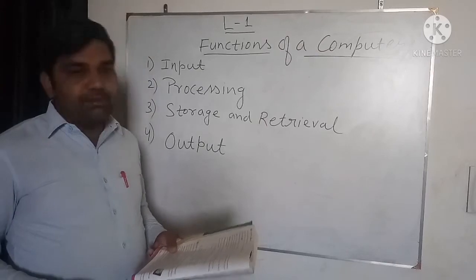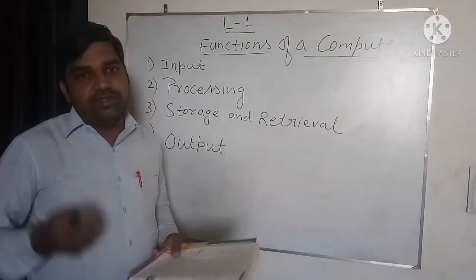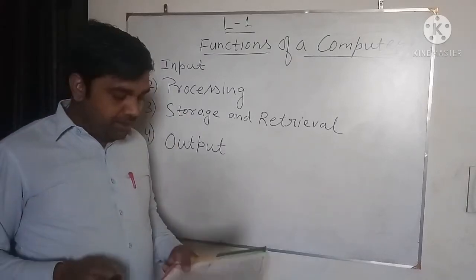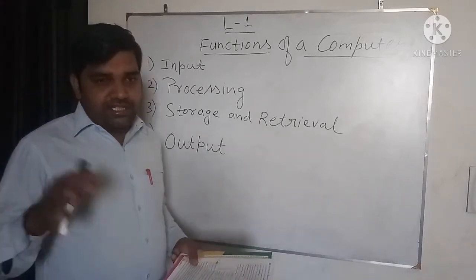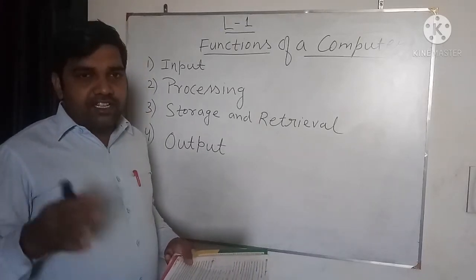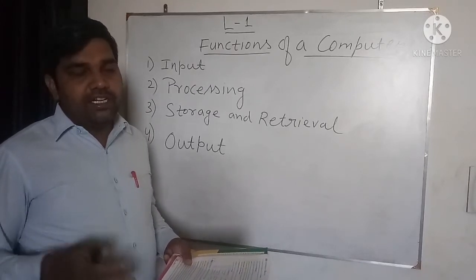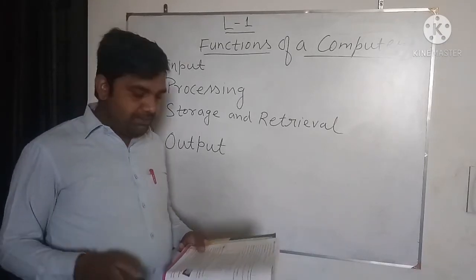Third is the withdrawal of money from the ATM. Here the input is the insertion of the ATM card. We insert our ATM card into the ATM machine, that is the input. Then comes processing of the card in the ATM machine. The processor of the ATM processes that card. It verifies your ID and PIN number, that the person who has inserted the ATM card is a genuine, authorized person or not.